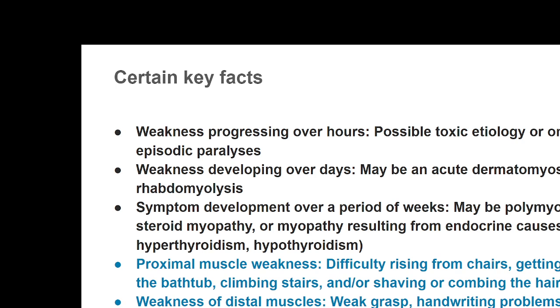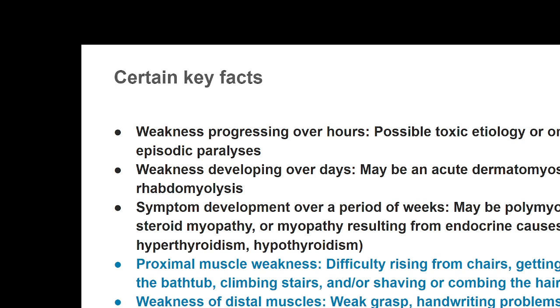Patients who have weakness present for only a few minutes or hours could have either toxic or electrolyte pathology. Symptoms developing and persisting for a longer period, like weeks or months together, could be polymyositis, steroid myopathy, or myopathy resulting from endocrine causes like hyperthyroidism or hypothyroidism.